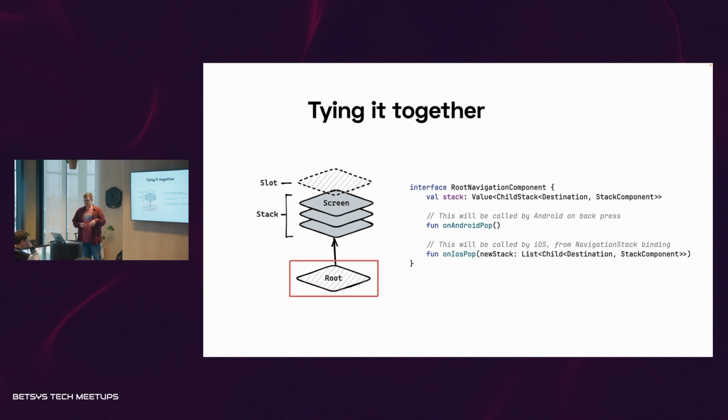And you can notice that there's this value object. This value object is provided to you by Decompose, and it is the Decompose way to provide an observable state to the UI. It's something like Kotlin coroutines StateFlow. So basically, you can subscribe to that value from a UI, and you automatically get an update. For Jetpack Compose, you get built-in extensions that let you consume that value.